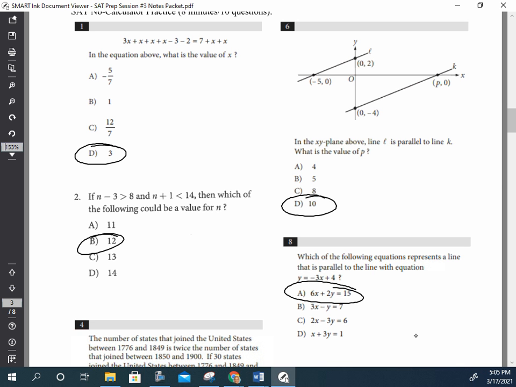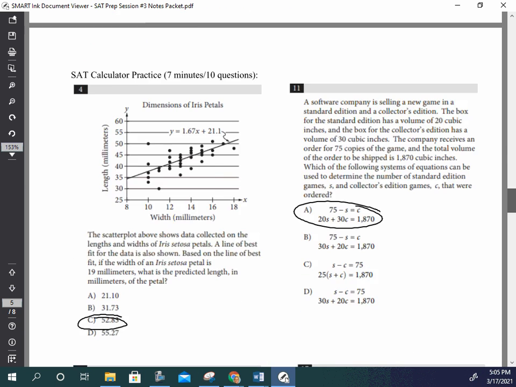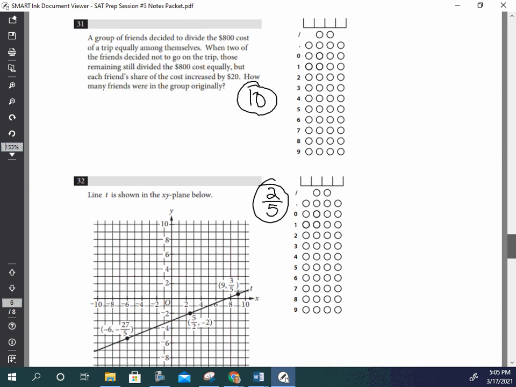All right, so we got, yes, go ahead, Justin. 31. All right, we can do that. Jackson, were you finished with 1, 2, and 6 here? All right, so let's go to 31 on the calculator section.